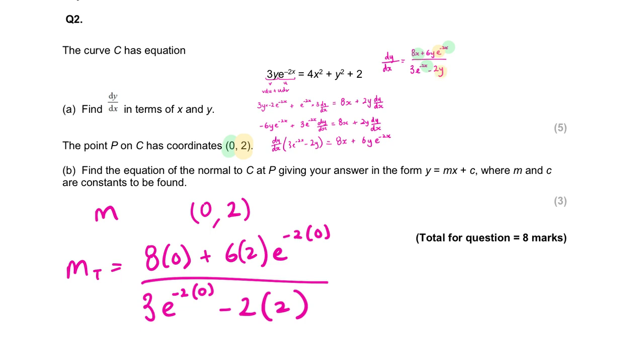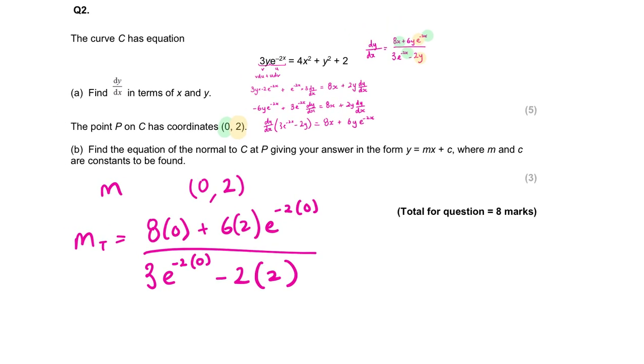I'm going to put this into my calculator exactly how this looks, and my gradient of the tangent is minus 12. So the gradient of the normal is the negative reciprocal, which is positive 1 over 12.